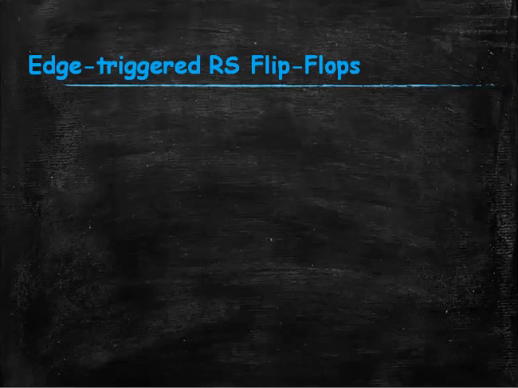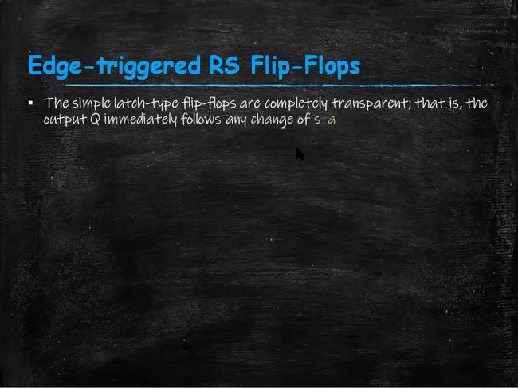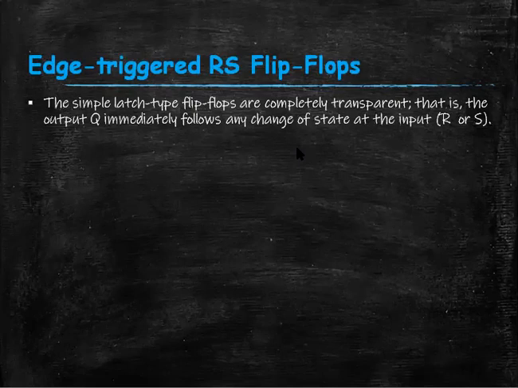Now we start with the edge triggered RS flip-flop. We know that the simple latch type flip-flops are completely transparent. That means the output Q immediately follows any change of state in the input. That is, when we change the inputs R and S, there must be a corresponding change in the output.